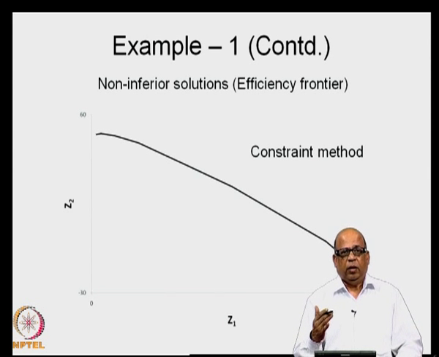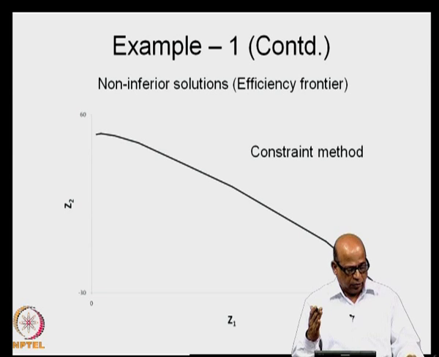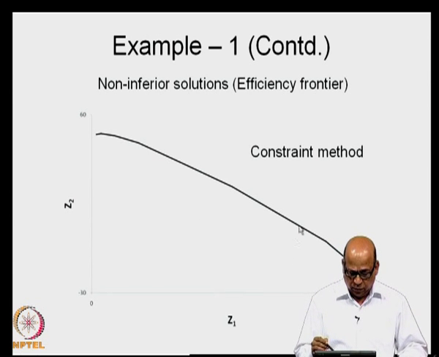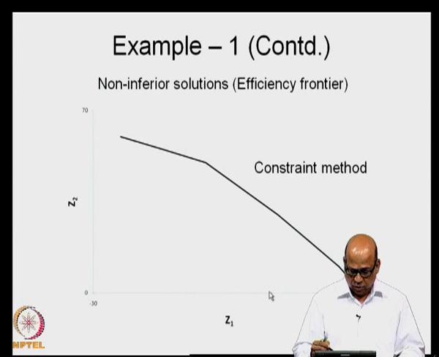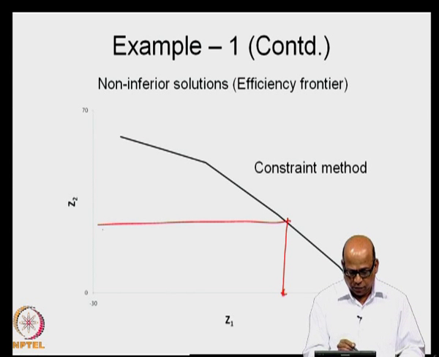Like this, when you have several objective functions. Now, how do we use any of these non-inferior solutions? Let us say I want to examine what happens if my Z1 is at this level, and then I will get the associated value of Z2.